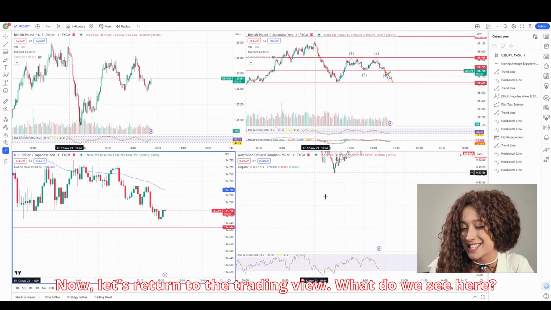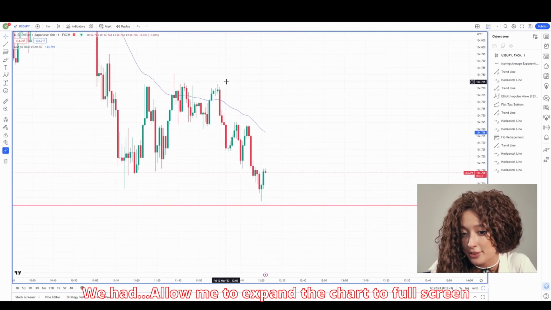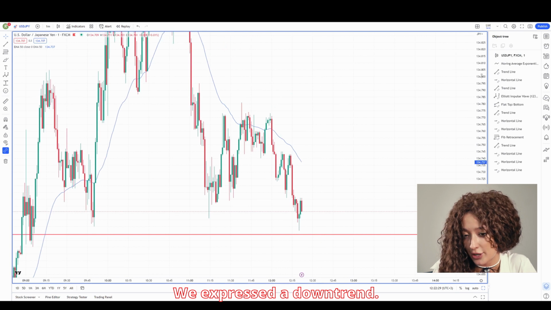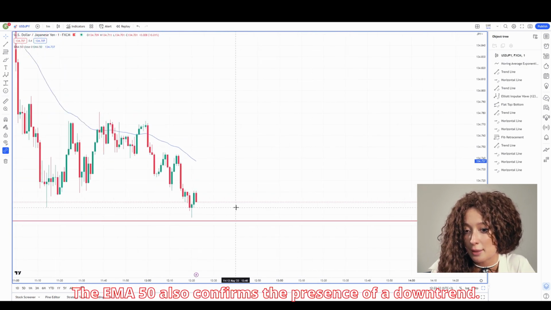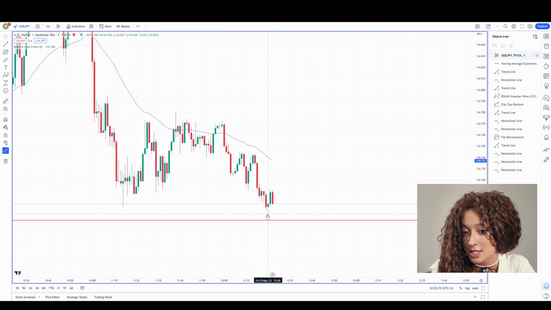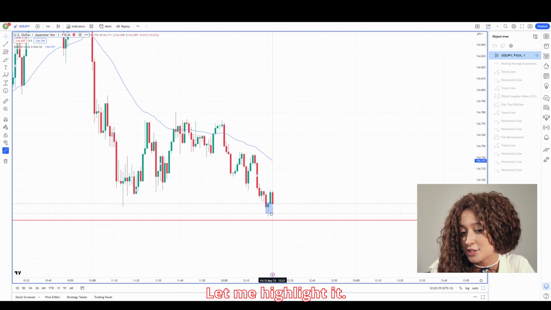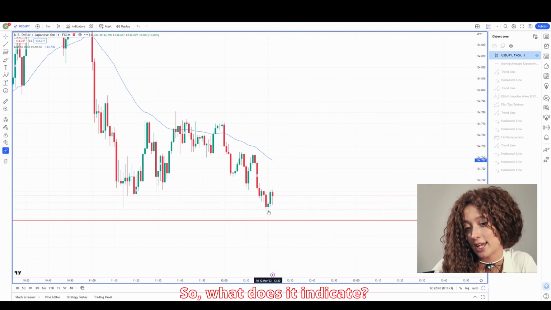What do we see here? So allow me to expand the chart to full screen. We experienced a downtrend. The EMA 50 also confirms the persistence of a downtrend. So guys, following that, we had this formation taking shape. Let me highlight it. So, what does it indicate?